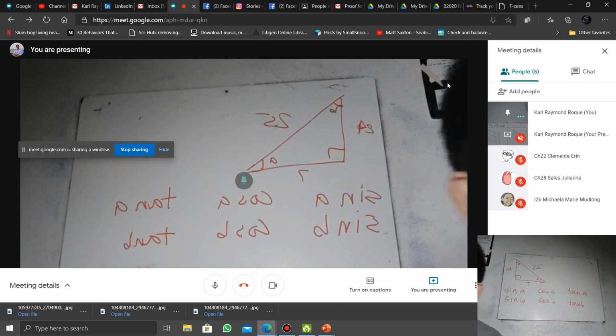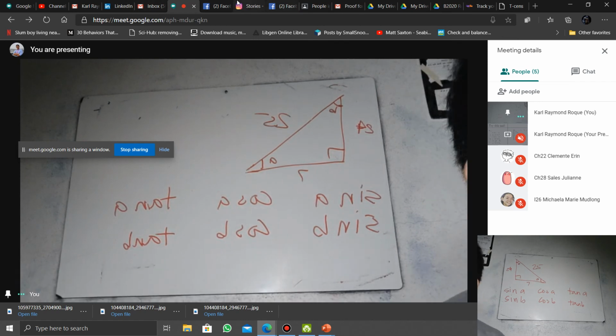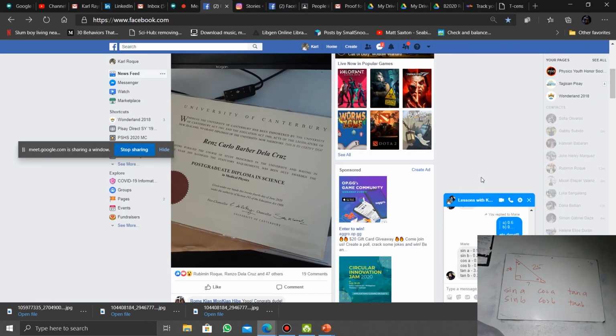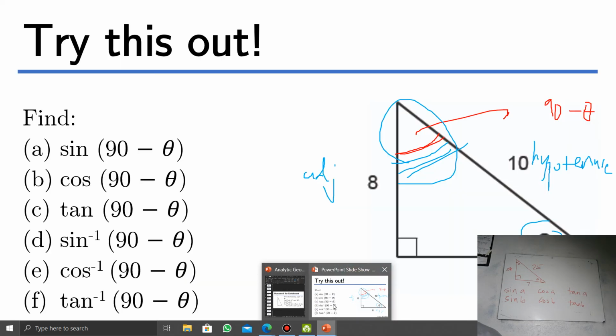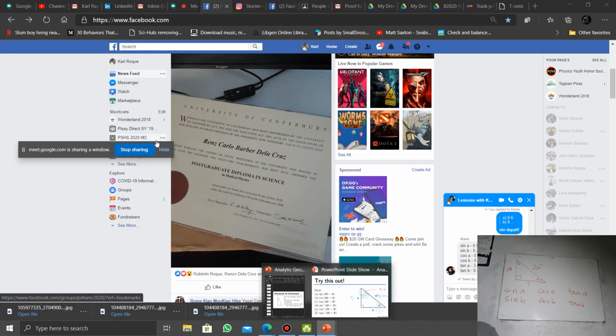So, ganito. I'll discuss this na. Sige, let's go. Sine A, 24 over 25, which is 0.96. Cosine A, 7 over 25. Tangent A, 24 over 7.